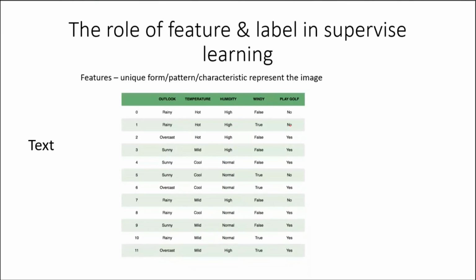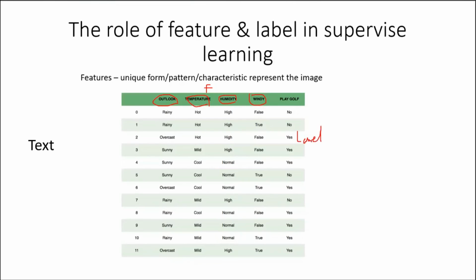Okay, and what are the features? Anyone? So these are the features: windy, humidity, temperature, and outlook. So these are the features, and this is the label.